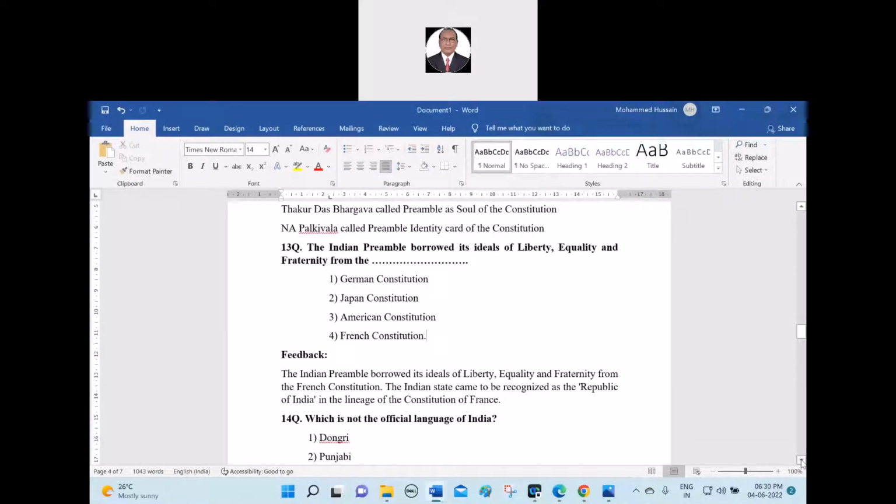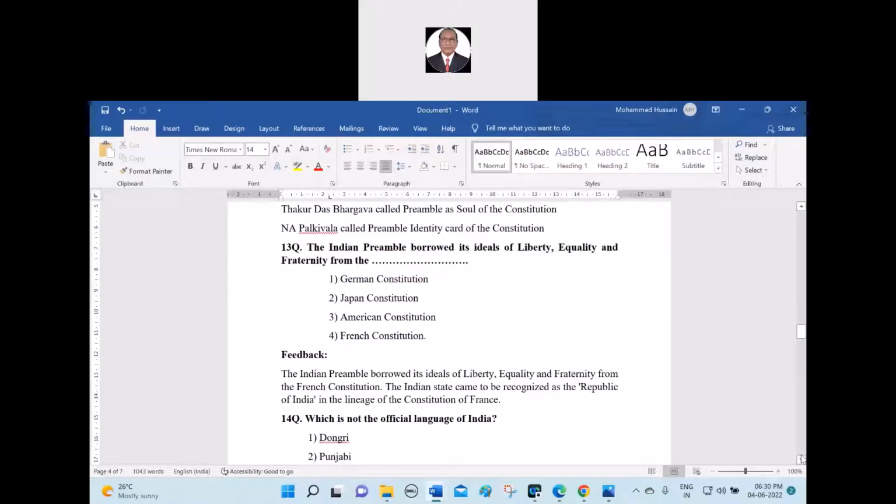Feedback. In the feedback we can also have supplementary questions. Please note the point. The Indian preamble borrowed its idea of liberty, equality, and fraternity from the French Constitution. The Indian state comes to be recognized as the Republic of India in the lineage of the Constitution of France.